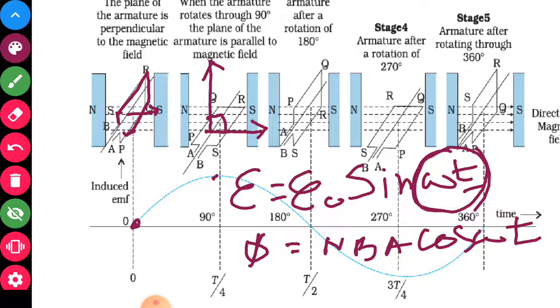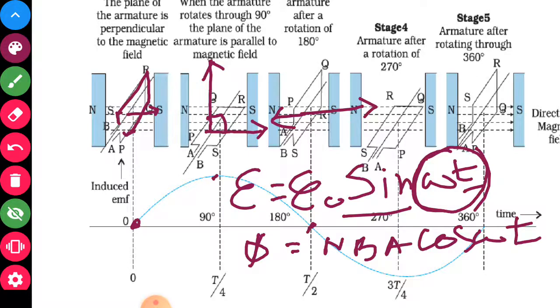Then when you make the angle 180, the area vector is in this direction and the magnetic field in this direction, both are opposite. The angle is 180, so again sin 180 is 0, so the electromotive force is 0.